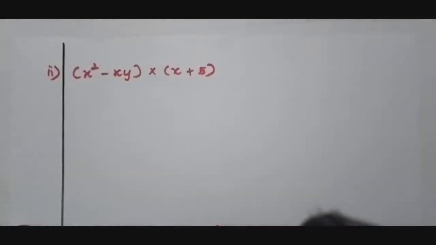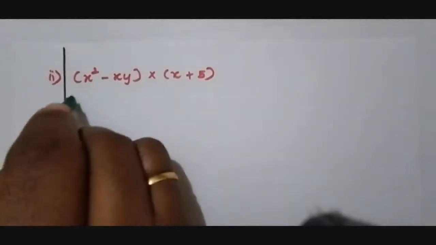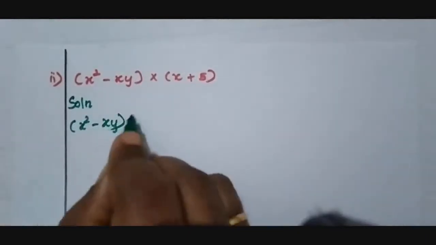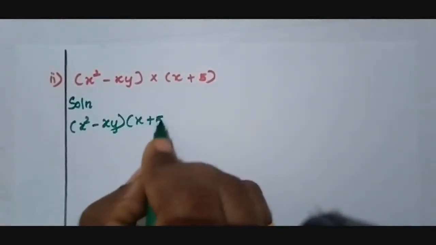Now second question, x square minus xy into x plus 5.